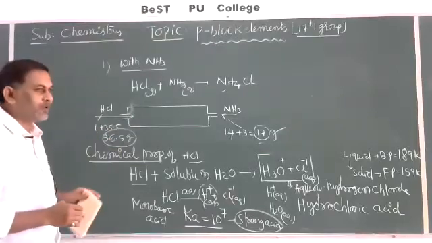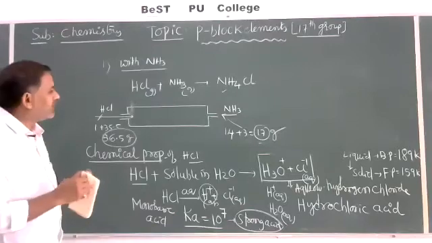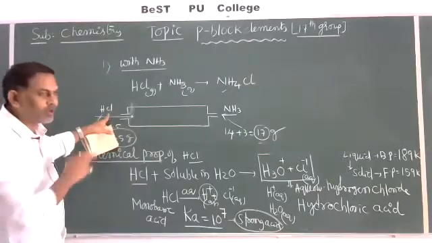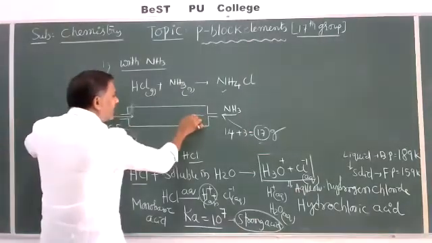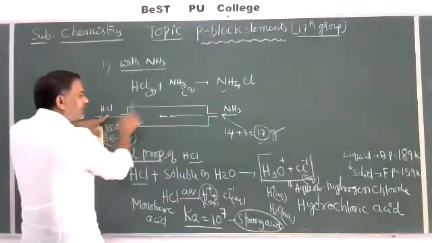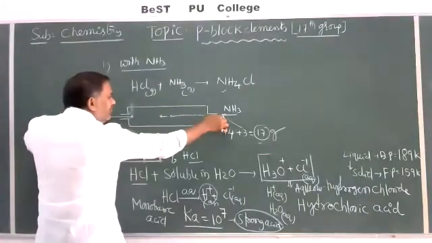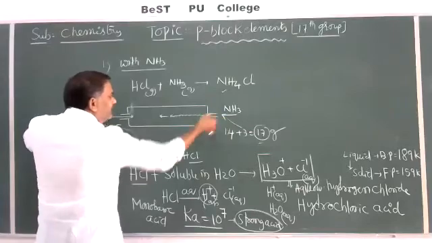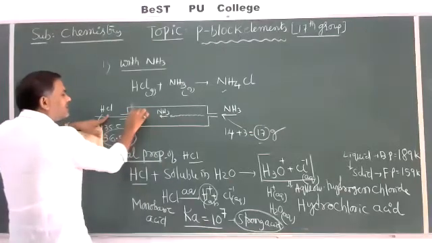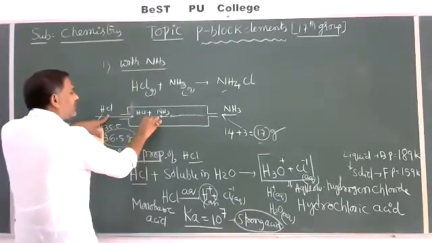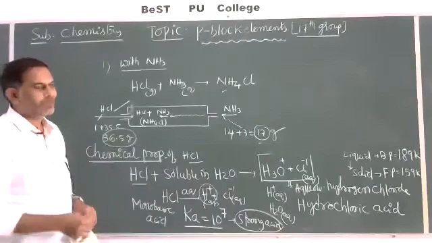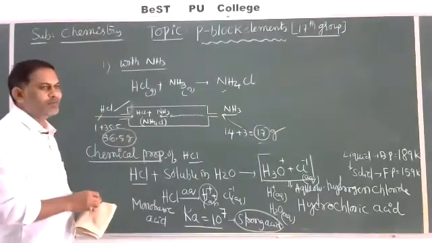So its density is greater and it is less volatile compared to ammonia. Ammonia readily vaporizes and moves very fast toward the hydrochloric acid, because its molecular mass is less. Then NH3 meets HCl gas, they react to form ammonium chloride, nearer to the hydrogen chloride end. This is the answer. A very important reaction.